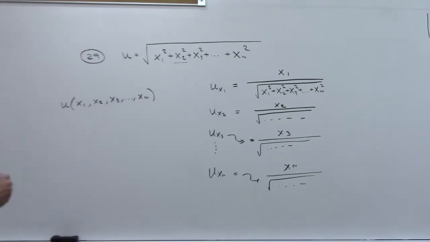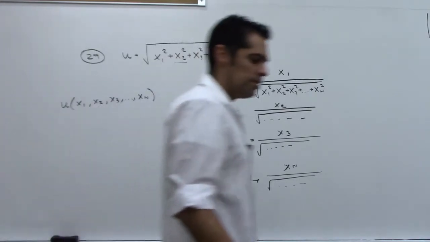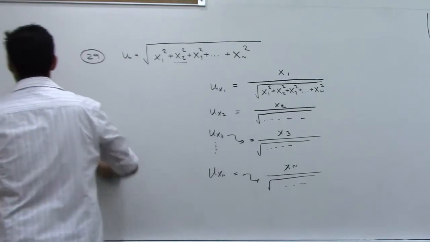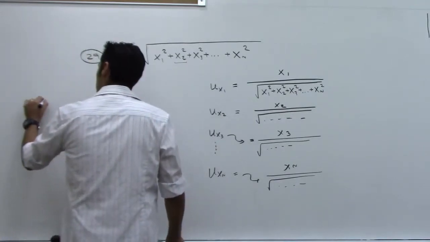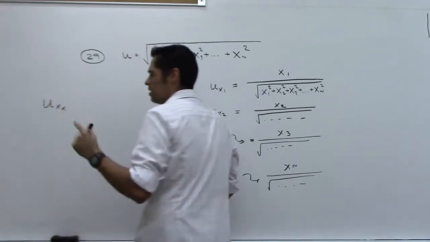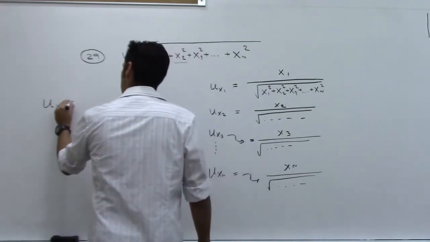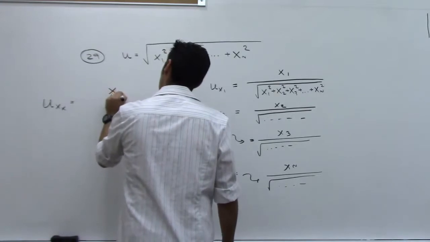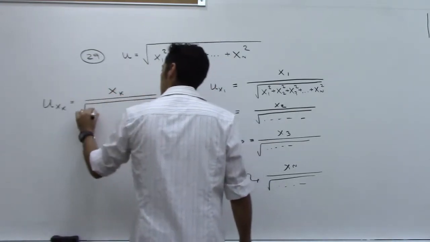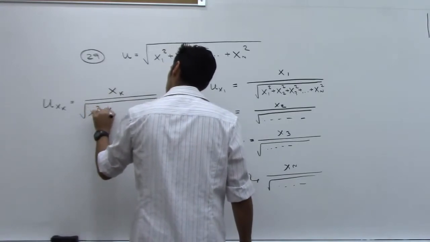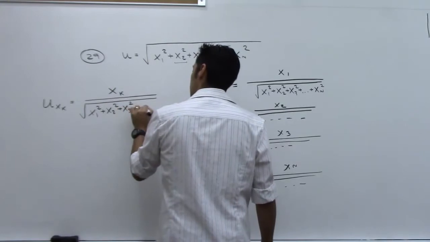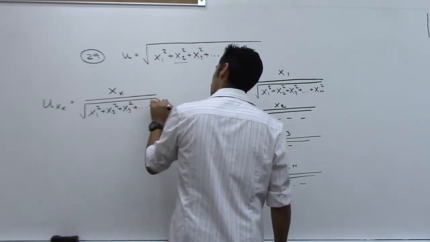So there's a couple of ways you could say this. If you're trying to give me a general answer, you could write something like this. The partial of u with respect to x sub k, the book uses i, but I'm going to use k, is equal to x sub k over the square root of x sub 1 squared plus x sub 2 squared plus x sub 3 squared plus dot dot dot plus x sub n squared.